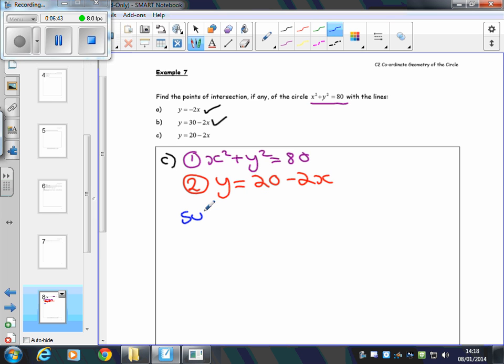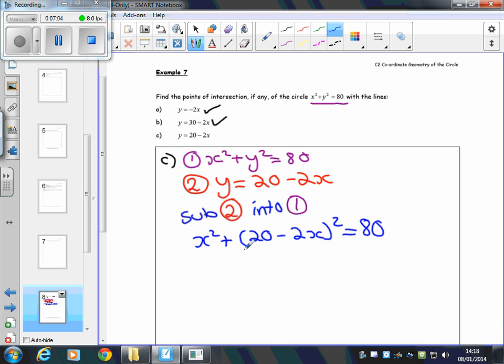So again, sub equation 2 into my first simultaneous equation. So this gives me x squared plus 20 minus 2x squared equals 80.